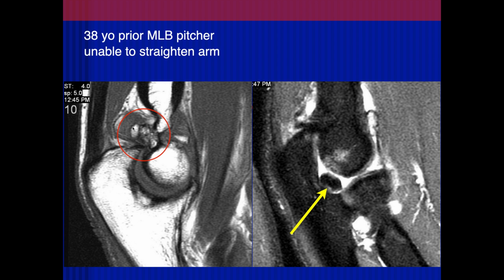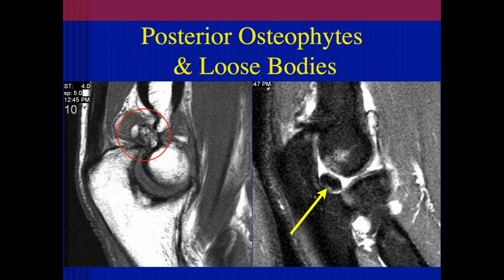And this is just a large osteophyte that's developed here from chronic impaction over the years. He also has a loose body here and an osteochondral injury in this location. But these big osteophytes are common, and occasionally these people will go in and have these osteophytes removed. Again, as I said last time, the important thing is you don't over resect these, because if you do, you'll lead to shoulder elbow instability, which can cause a lot more problems than the impingement.